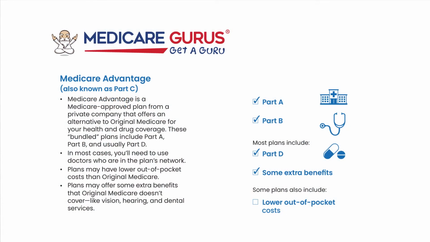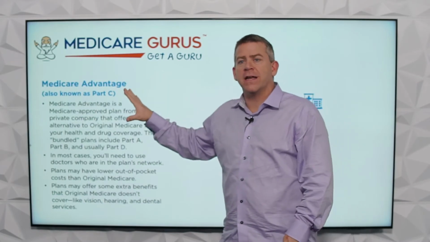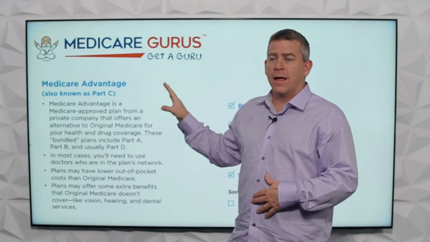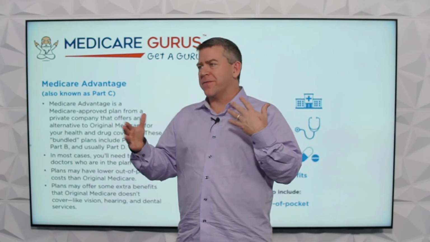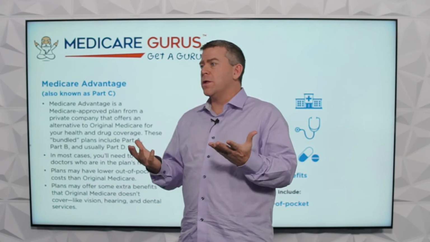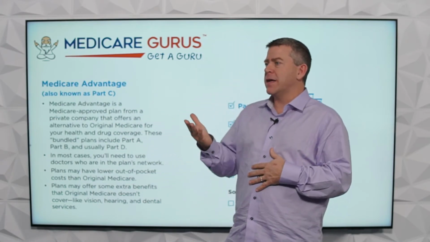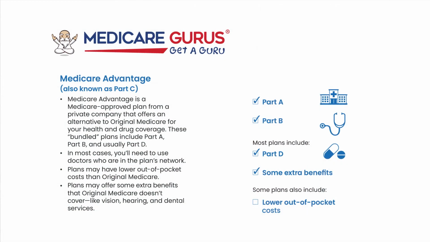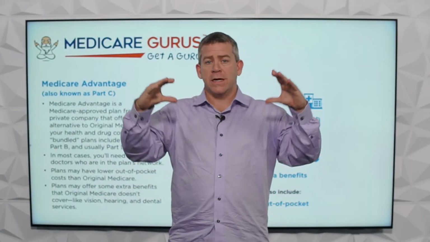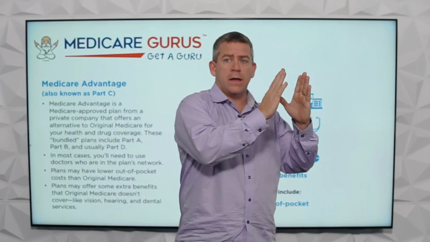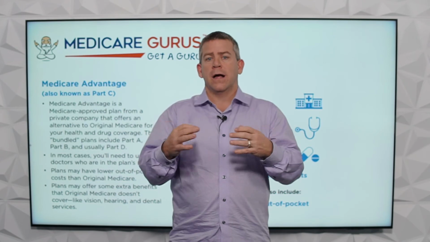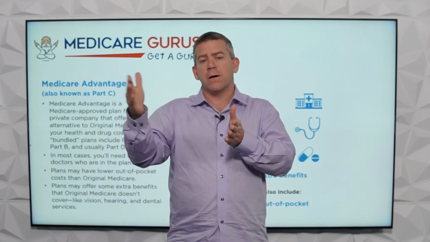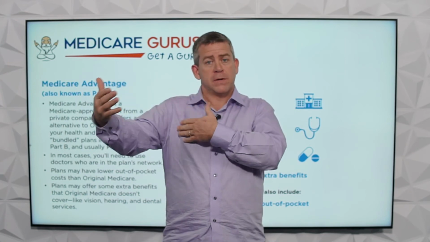So Medicare Advantage, also known as Part C. Medicare Advantage is a traditional Medicare replacement plan. That's the easiest way to think about it. I don't know if that's the legally perfect description, but when you get on a Medicare Advantage plan, you actually give up Medicare Part A and B, traditional Medicare, and you elect to be on Medicare Part C. With Part C, the Medicare program gives private insurance companies a monthly stipend for everyone who comes onto their plan in order for them to take care of your health coverage.